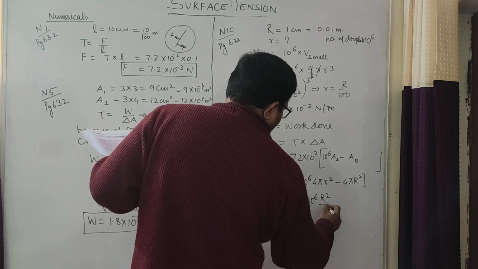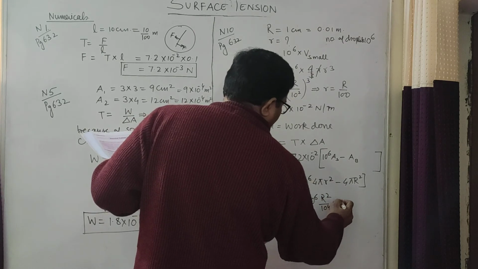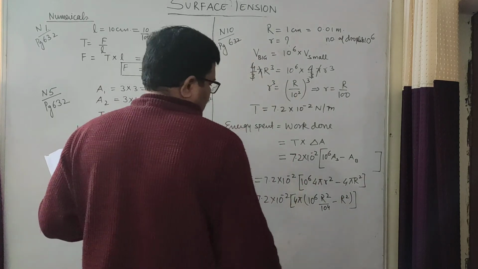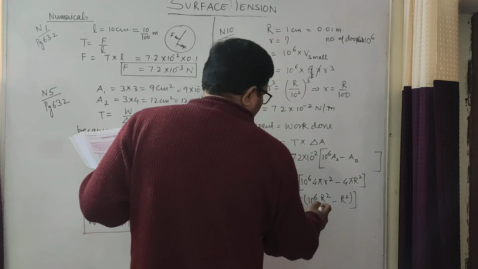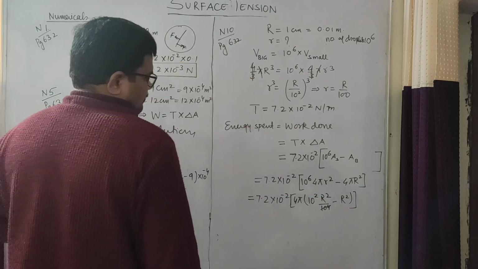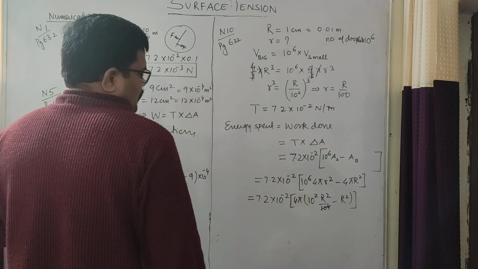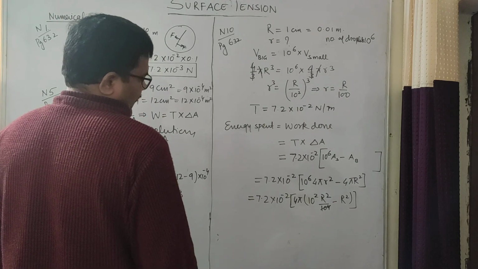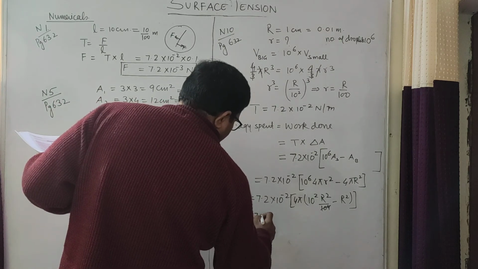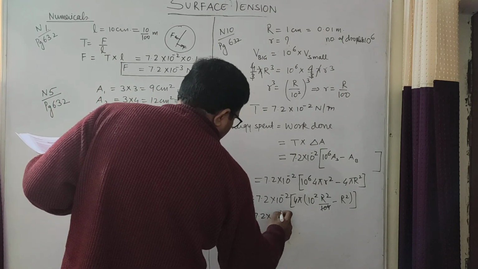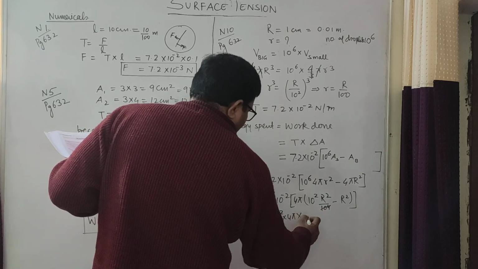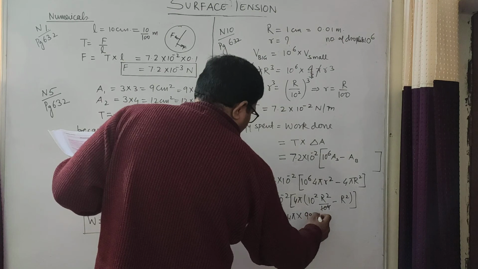So R square by 10 to the power 4 minus R square. This will be 100 R square minus R square, into 4 pi into 99 R square.